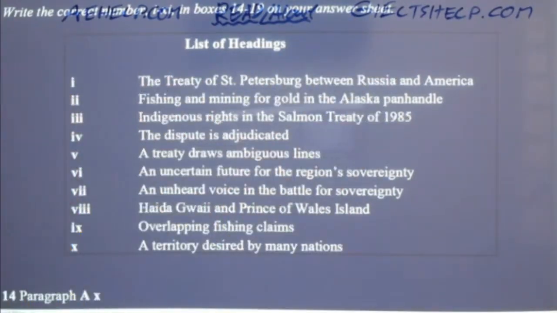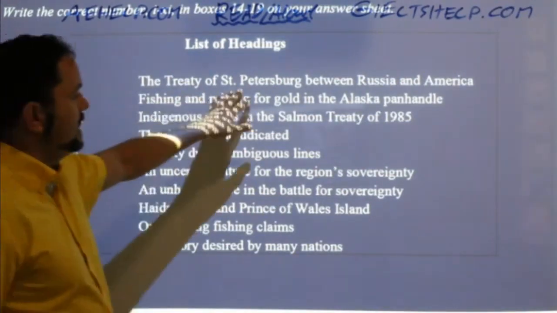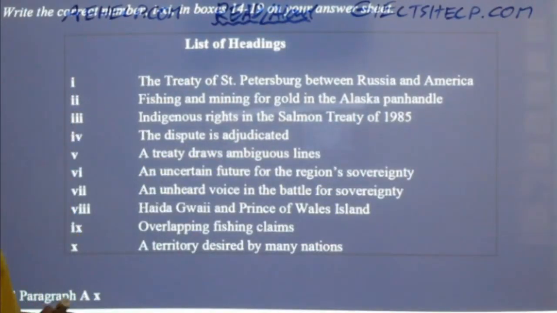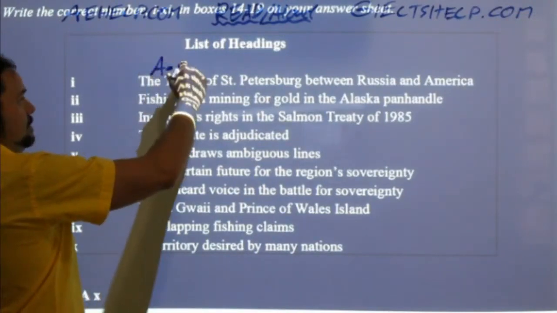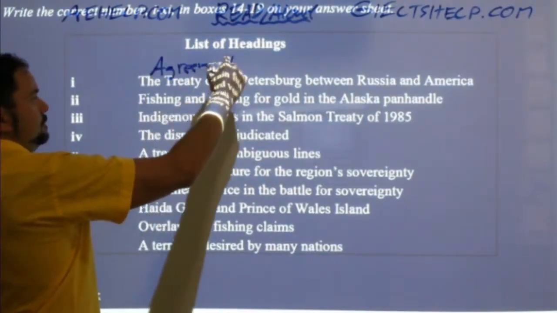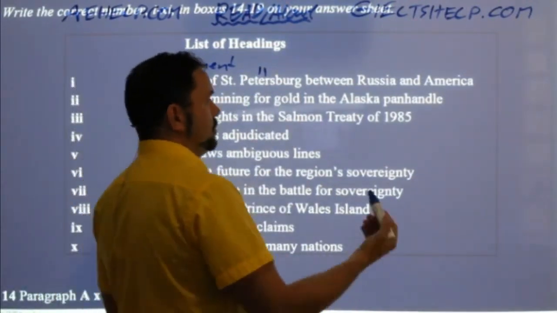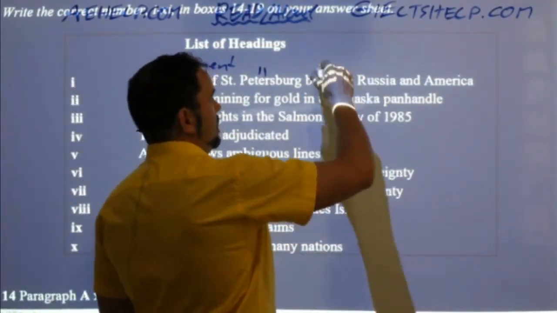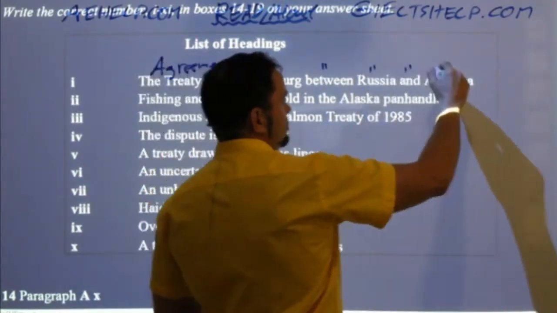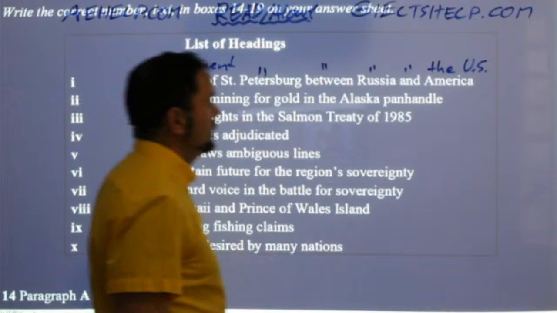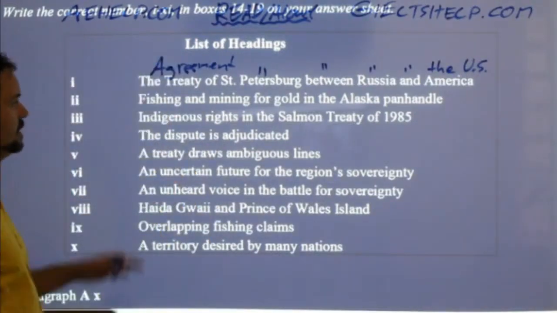Synonyms, antonyms, grammar, descriptive. Okay, so here we go. The Treaty of St. Petersburg between Russia and America. Treaty, agreement. Of St. Petersburg, that's going to be the same. Between Russia and America, between Russia and the U.S. Just a quick paraphrase.